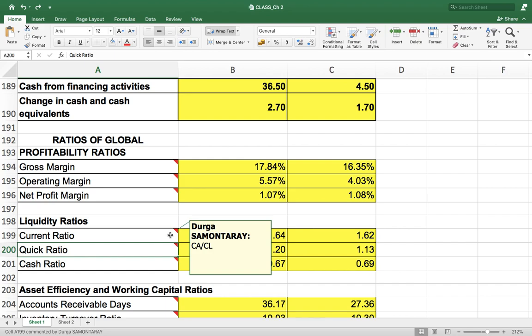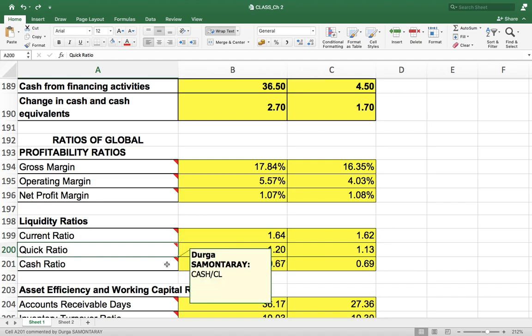Current ratio: current asset divided by current liability. Quick ratio: current asset minus inventory divided by current liability. Cash ratio: cash divided by current liability. Again, the denominator we will keep the same. Only the numerator we need to change.